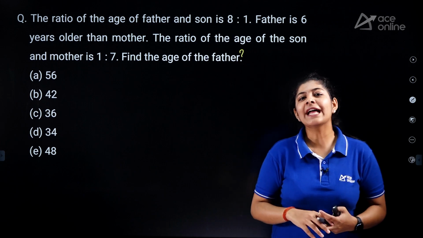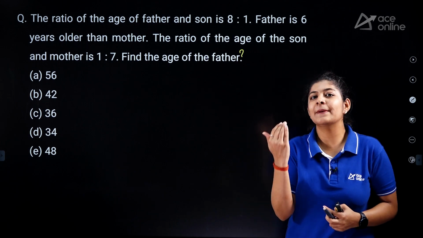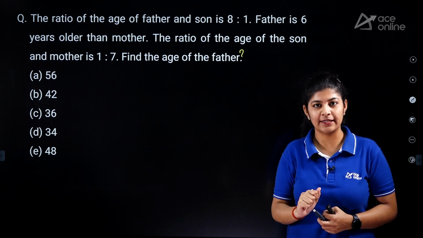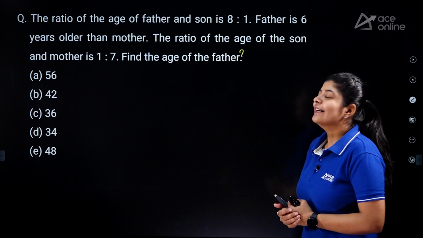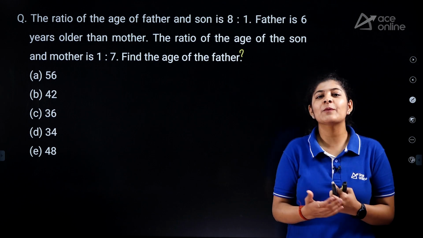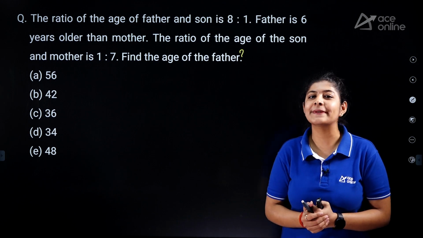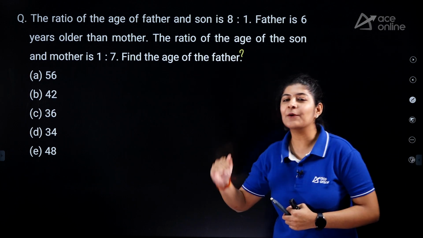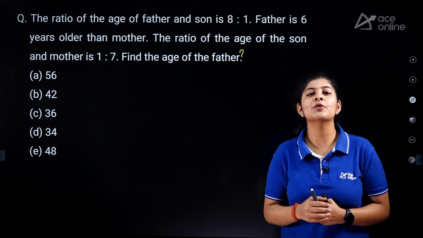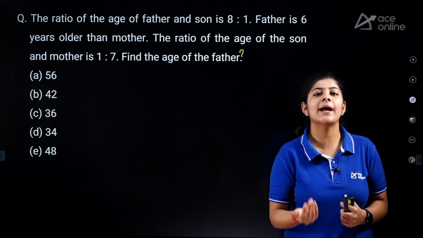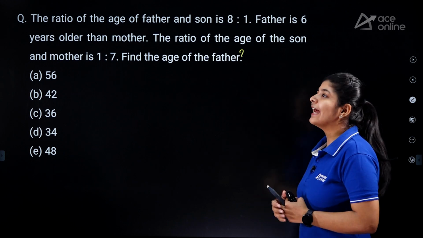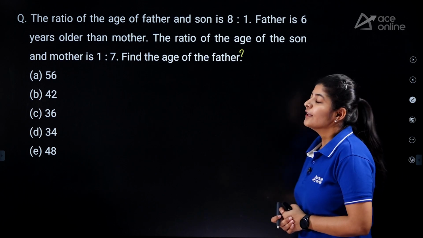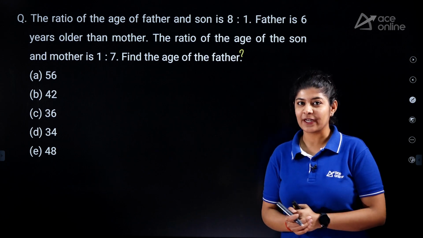Whenever we have these types of questions, just write down the data that you have in the question. Meanwhile, I know that you all are solving this question. Find the correct answer, comment your answer in the comment section, and after that cross check it. So let's start solving this question.